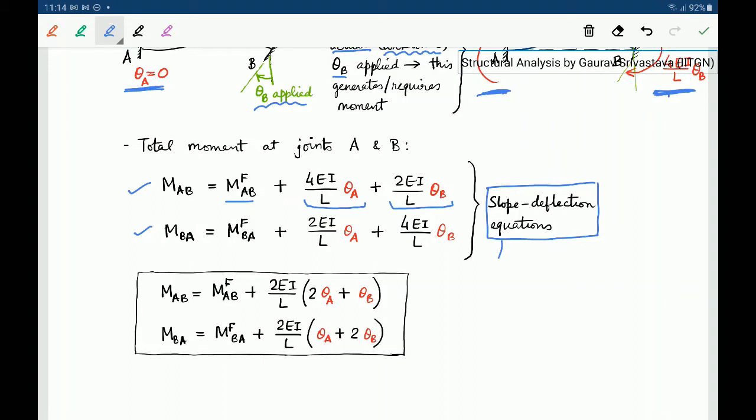These are written in a compact way in this form. Here again, theta A and theta B are the unknowns, so the thetas are the primary unknowns here.